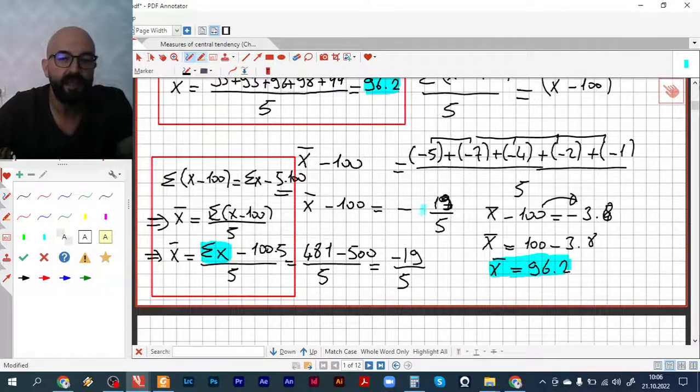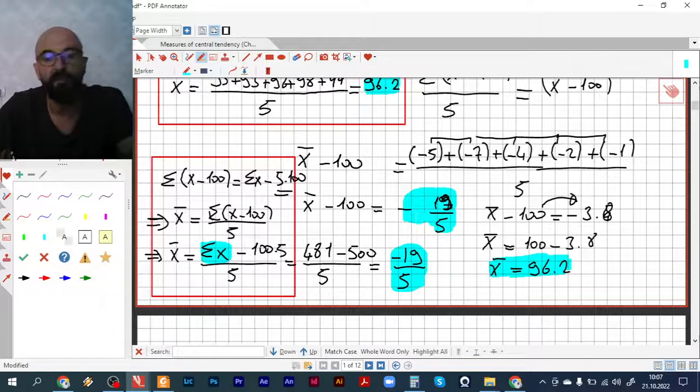Please notice that we have the same value as the before value.